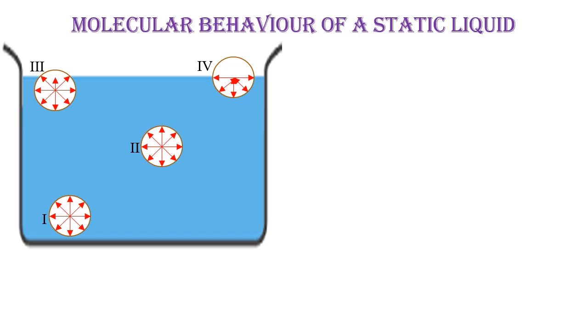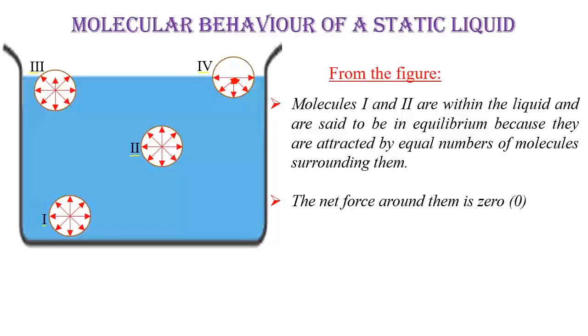We have molecule 1, molecule 2, molecule 3, and molecule 4. From the figure, molecules 1 and 2 are within the liquid and are said to be in equilibrium because they are attracted by equal number of molecules surrounding them.